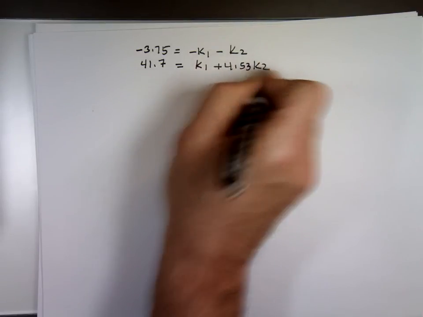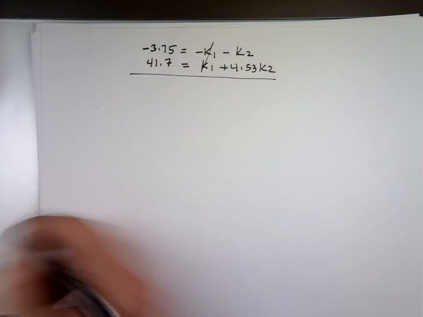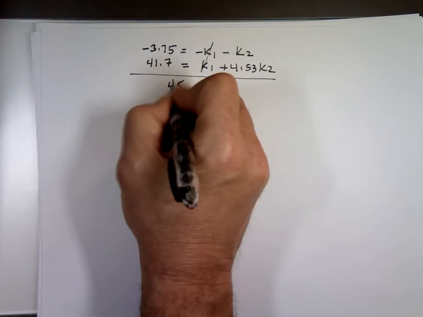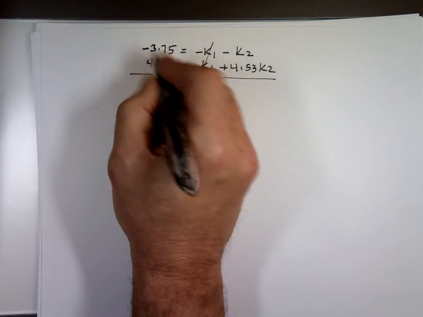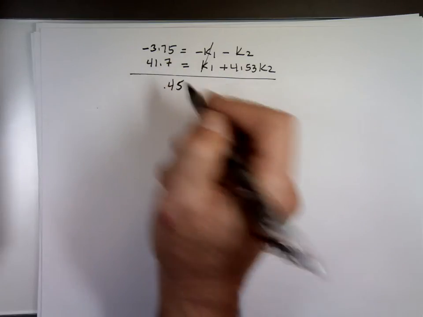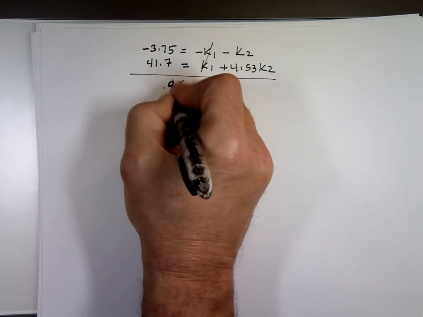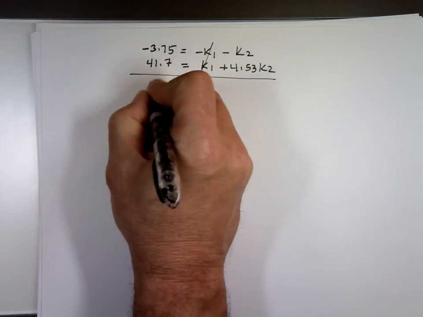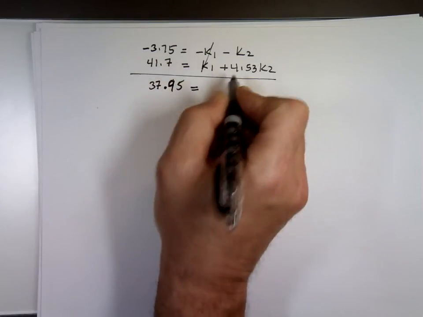If you add them, gone. Oh, wait a minute, one is positive, one is negative, right? My mistake. 41.7 minus 3.75 is 37.95, equals 3.53 K2.